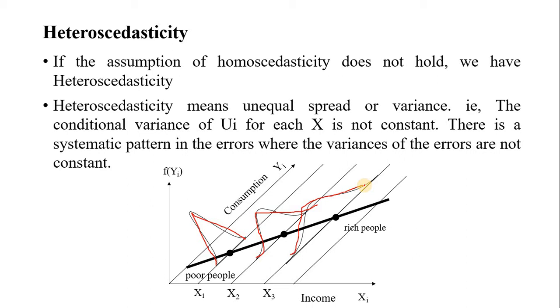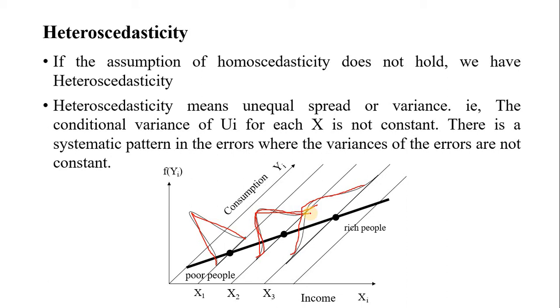If you take data from your locality, there will be different individuals whose incomes differ. If you draw an error curve for the poor people, you get one shape, and if you do it for the middle income group, you get another shape. If you take the rich group, their variance is very high.